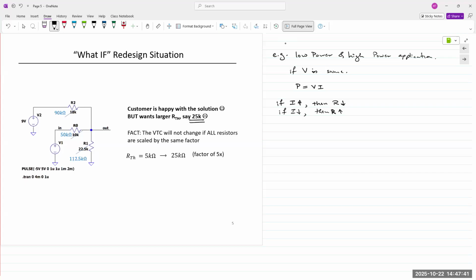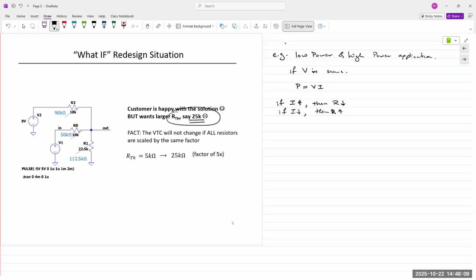These are linear circuits comprised of linear resistors, meaning voltage and current have a linear relationship. V equals IR. So V is proportional to I. It's a linear circuit. If you scale R and you keep the other one constant, then the other quantity changes with respect to R, right? So you change RTH.